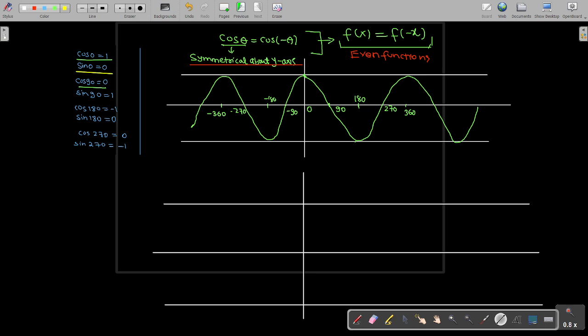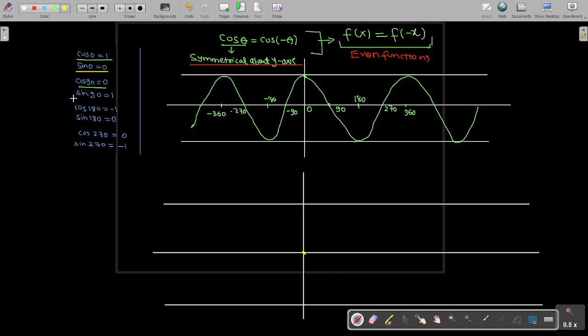If this wavy graph has a unit of 1, the top and bottom are both 1 on the y-axis, 1 and minus 1. So sine 0 is 0, so we start here at 0 comma 0.